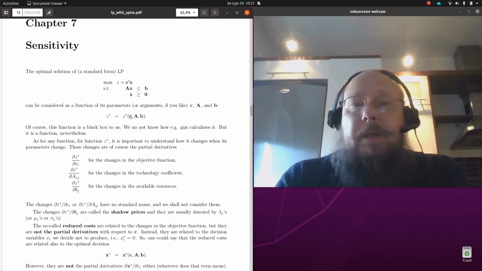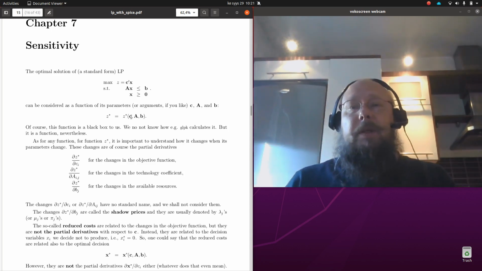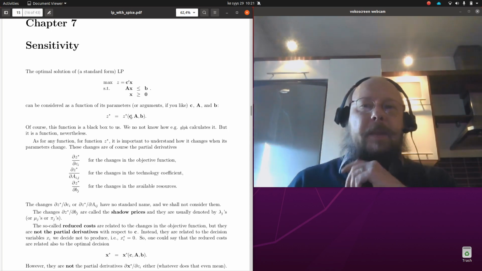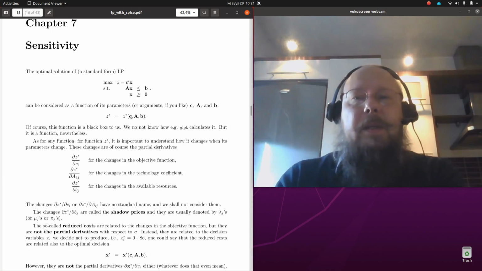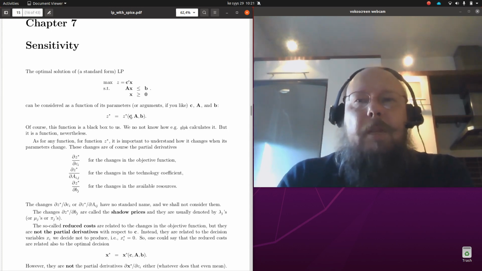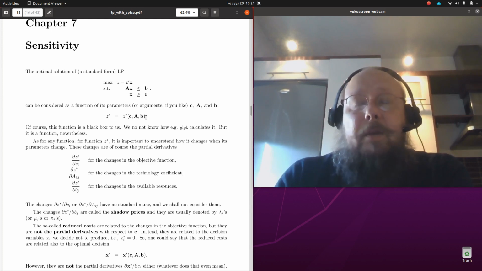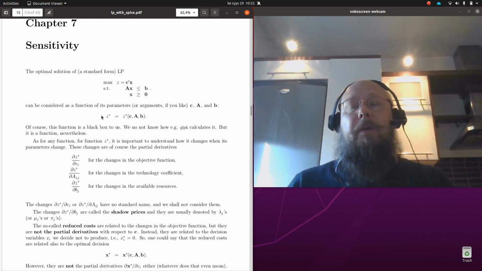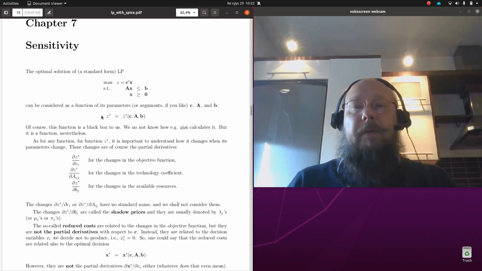And then the prices: we can decide what the prices for the cakes are. So we might think about what happens if we make some cake a little bit cheaper or a little bit more expensive. The obvious and safe solution is of course to solve the problem with the new parameters, but quite often we want to have at least some idea of how things change before we calculate lots of different problems for different parameters.